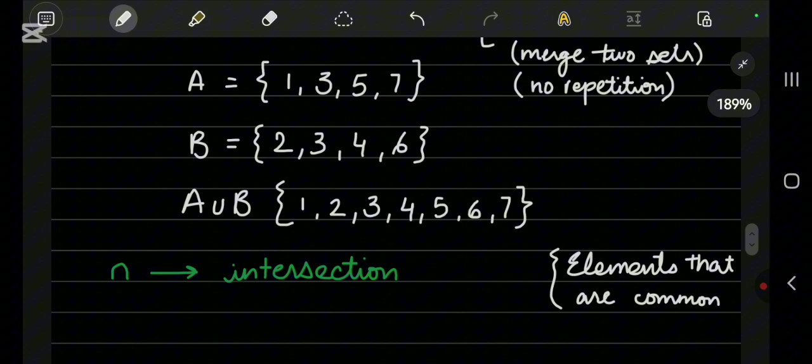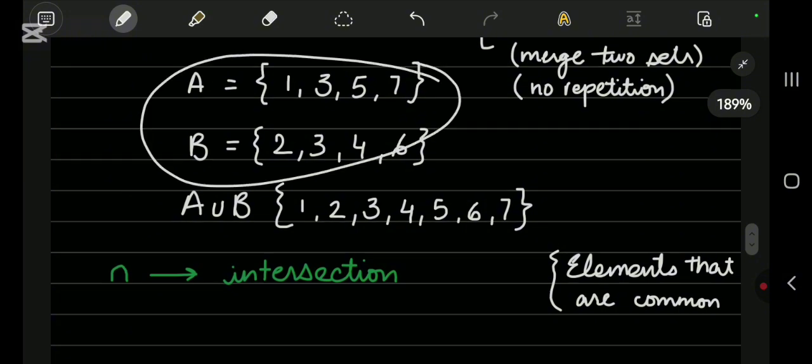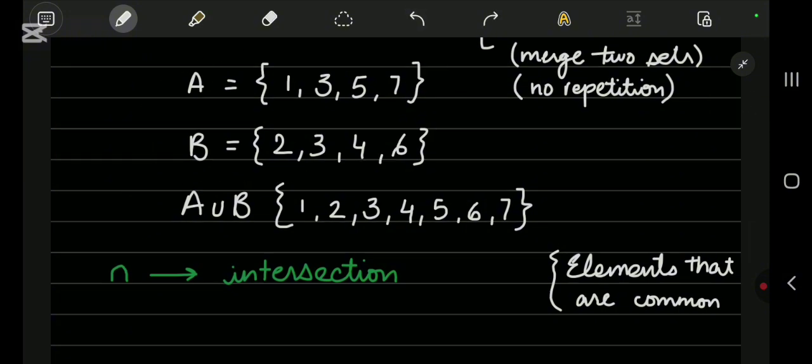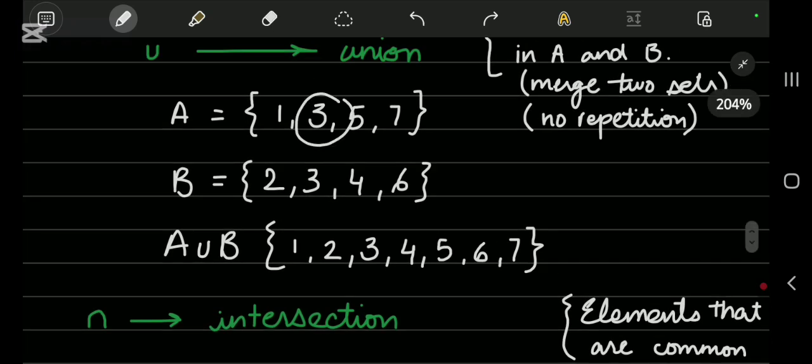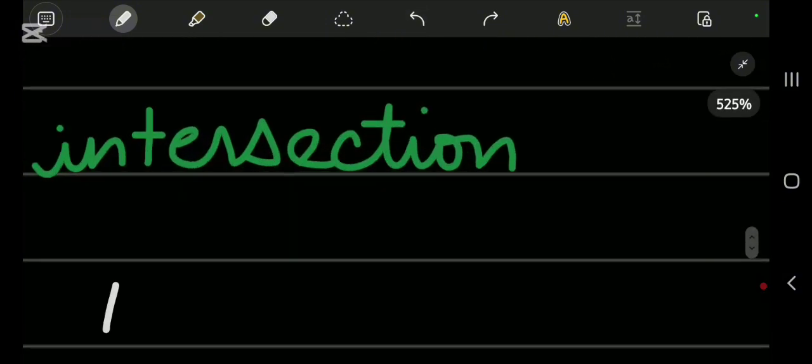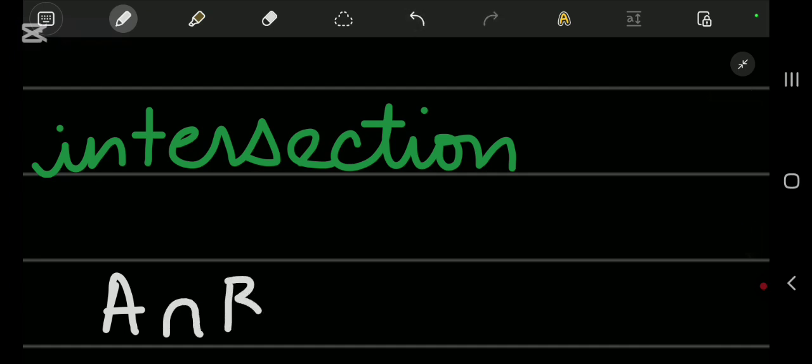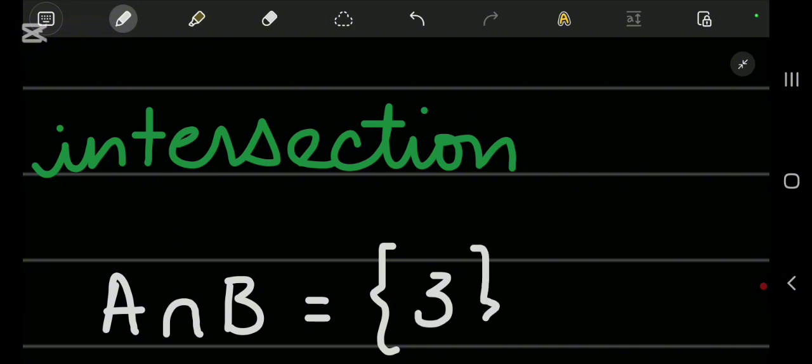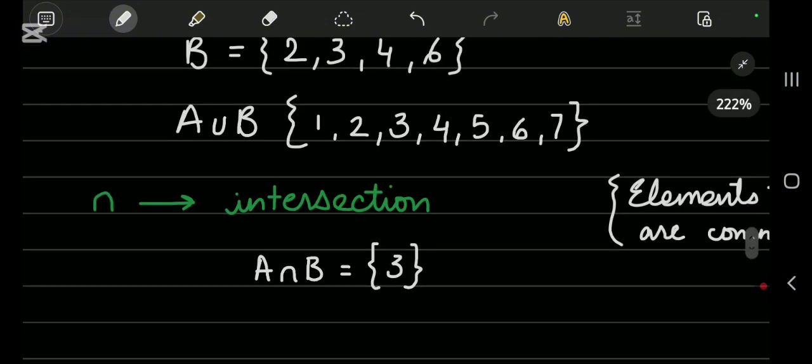So if I ask you about the same sets we wrote above, A intersection B, what are the common elements of A and B? Only 3 is common, that lies in both, so A intersection B is 3.